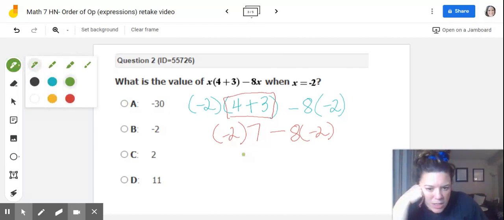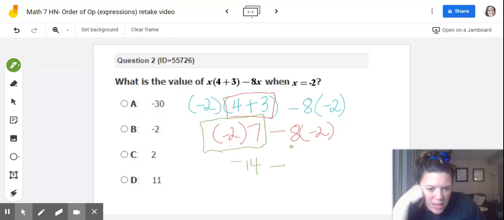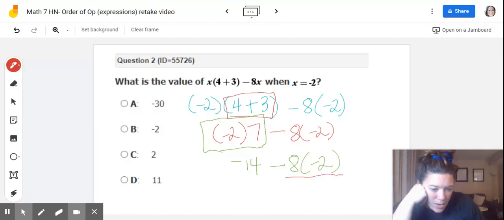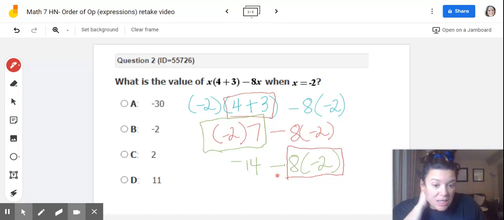Okay, now I'm going to do multiplication. So -2 times 7 is -14 minus 8 times -2. I'm going to do multiplication again over here. Okay, so this is a tricky part too. There's two ways to do this. I like to pretend, I'm just going to leave this negative sign in the front.